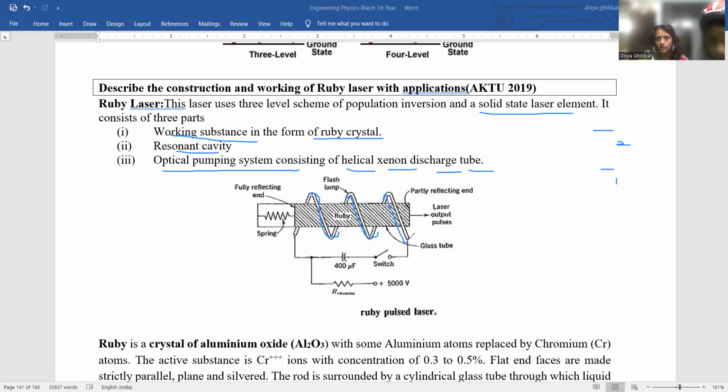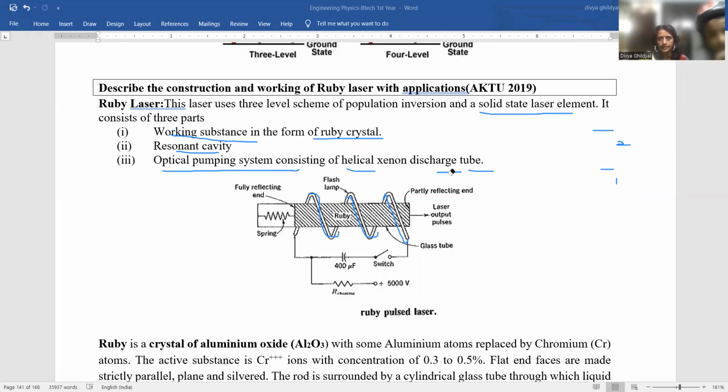This is responsible for pumping, that is, raising the atoms from the ground state to the excited state, making the atoms in excited state more than that in ground state. Resonant cavity in which this whole laser has been set up, and the working system, which is a ruby crystal. So the word crystal is coming here, so it is categorized under the heading of solid state laser.